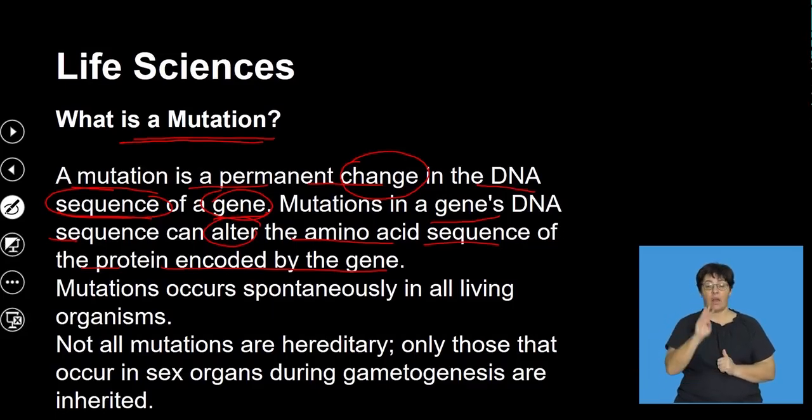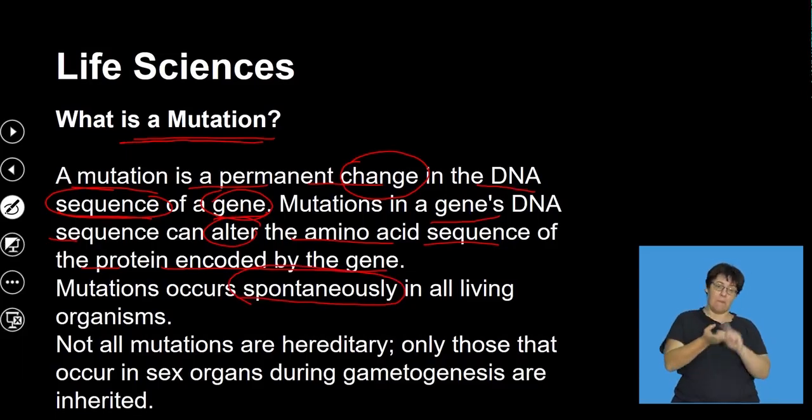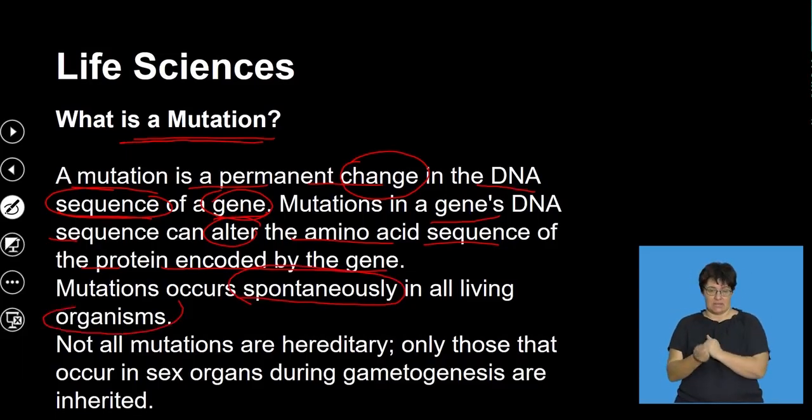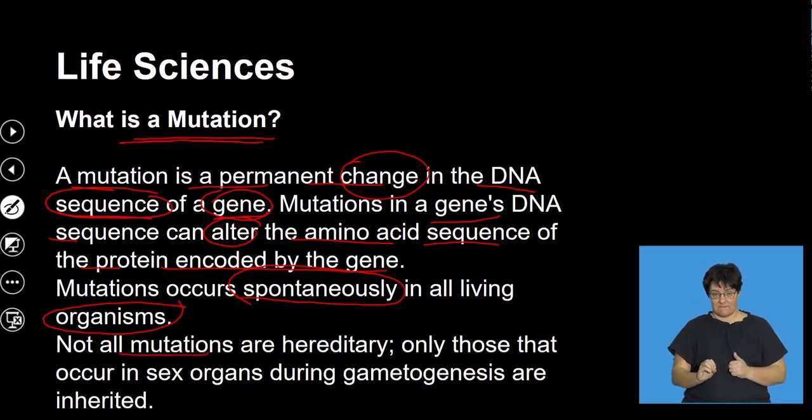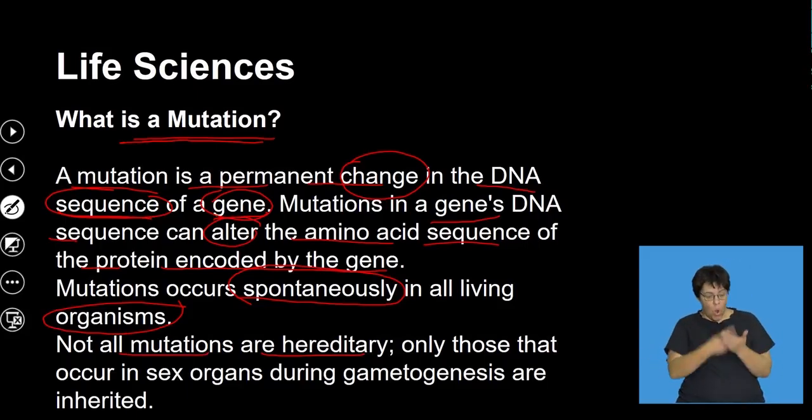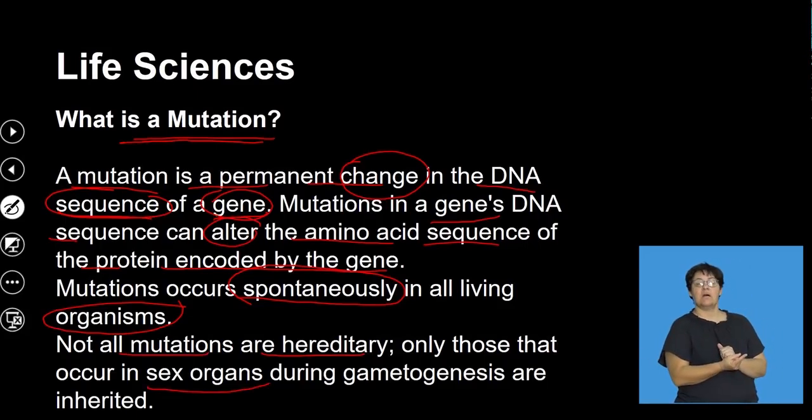Mutations can occur spontaneously, meaning very unpredicted, can happen at any time in all living organisms. However, we need to understand that not all mutations are inherited. Only those that occur in the sex organs during gametogenesis, which is the formation of gametes, can be inherited.